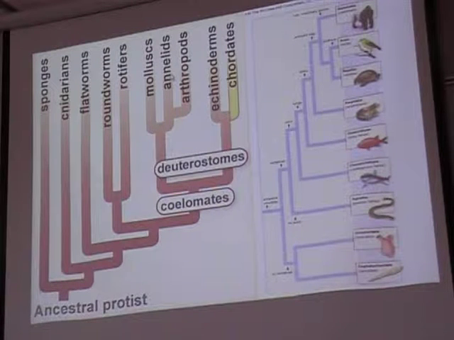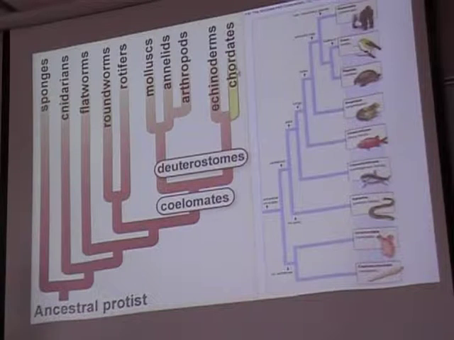Annelids are the segmented worms like leeches and earthworms. Arthropods include crabs and lobsters and shrimp and insects and spiders and ticks and termites. Echinoderms: starfish, sea urchins, sea cucumbers, sea lilies, feather stars.